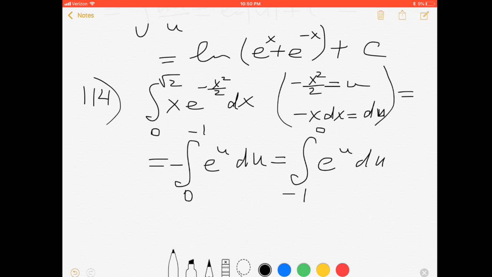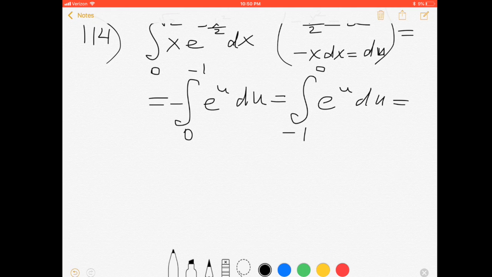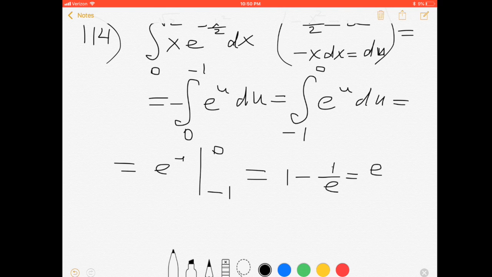Because we switch the order, we have a minus in front, but we also have a minus, so it becomes positive. Here we have e to the power u from negative 1 to 0. It will be 1 minus e to the negative 1 power, which means 1 over e. You can write it like 1 minus 1 over e.